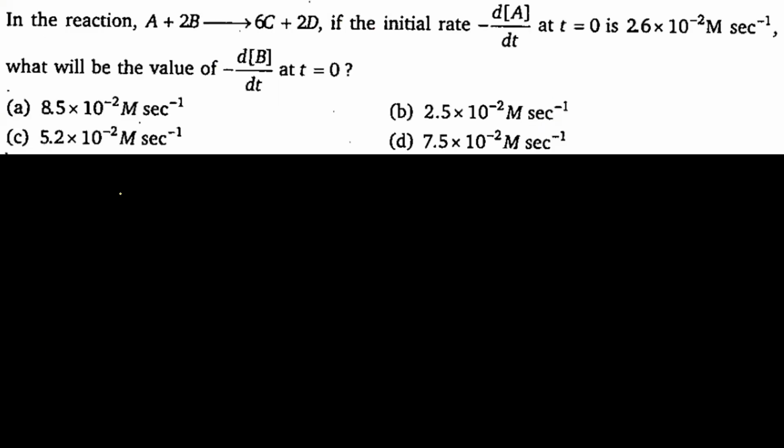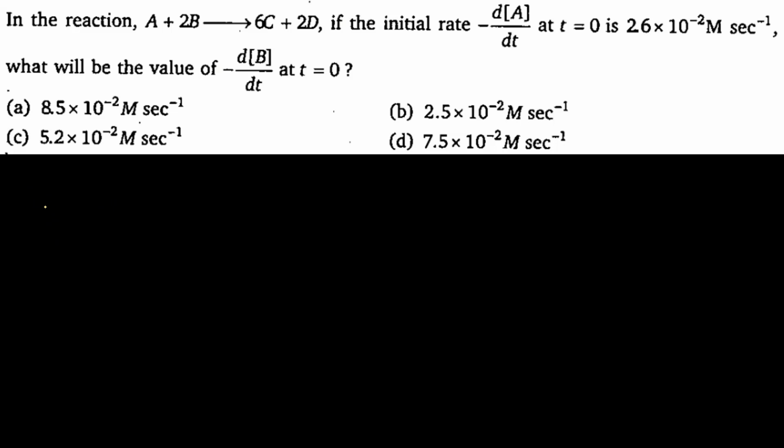The next question is, in the reaction, A plus 2B gives you 6C plus 2D, if the initial rate at t is equal to 0 is 2.6 into 10 power minus 2 molarity per second. What will be the value of rate of disappearance of B at t is equal to 0?